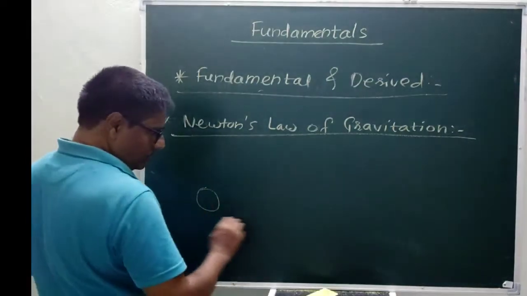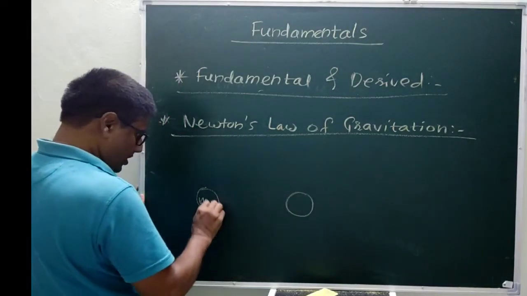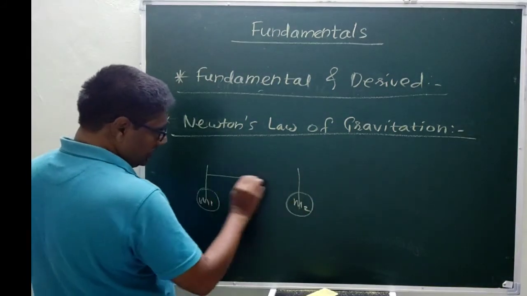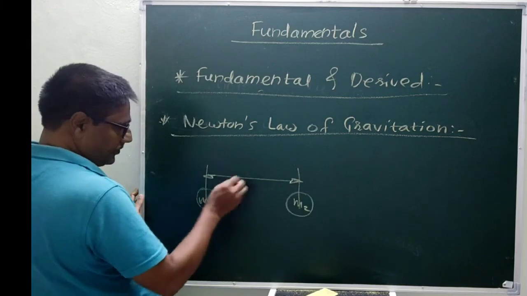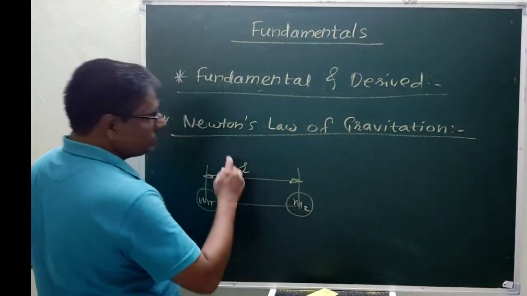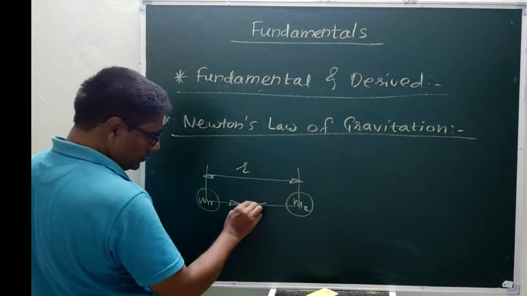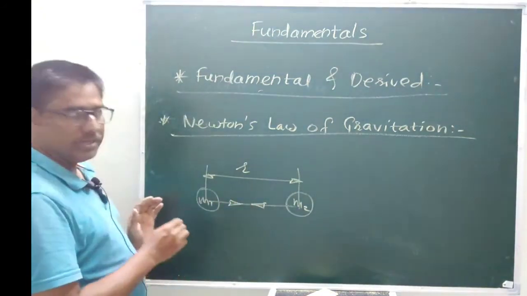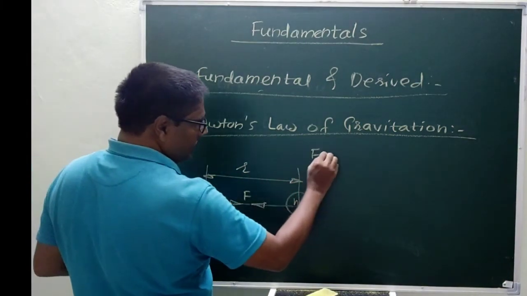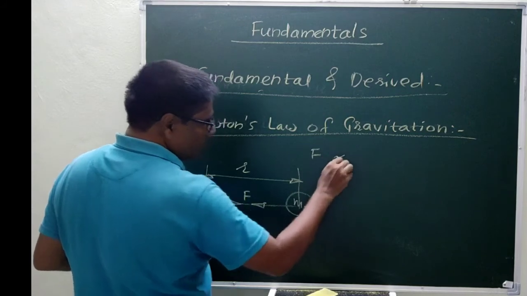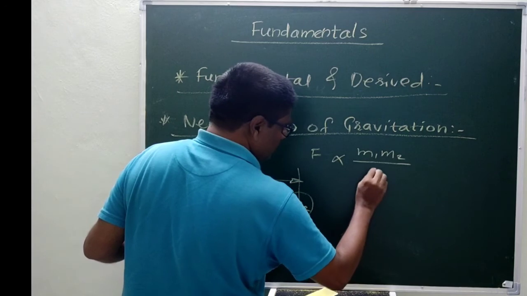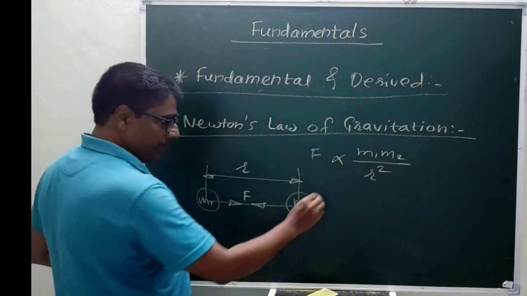Suppose we have two masses, m1 and m2. The center to center distance between these two masses is, say, r. According to Newton's law of gravitation, there exists always force of attraction between them, and this force of attraction is directly proportional to product of masses and inversely proportional to square of the distance between them.